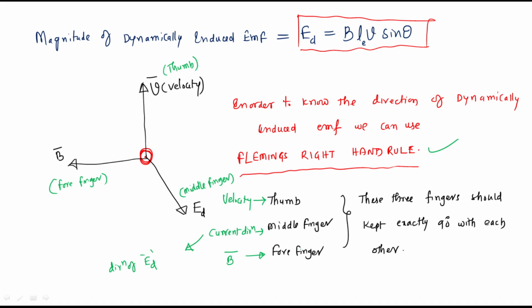If it is Fleming's right hand rule, the magnitude ED is equal to the velocity of the conductor cross multiplied with the magnetic flux density into the length of the conductor.